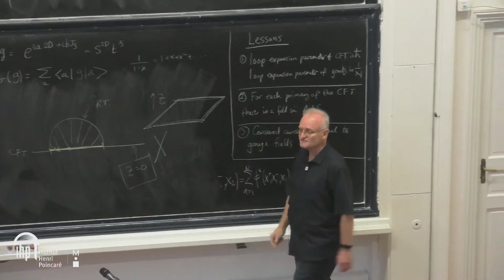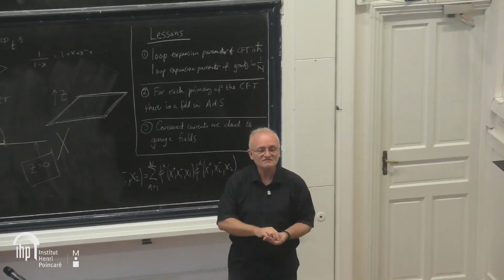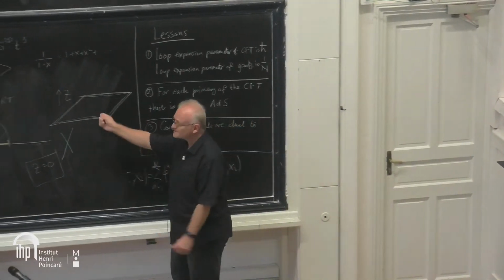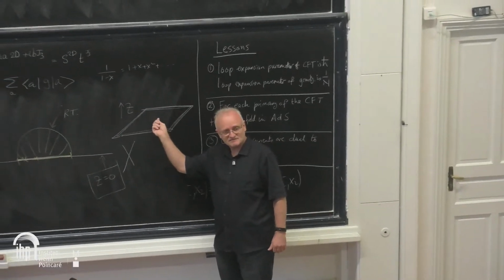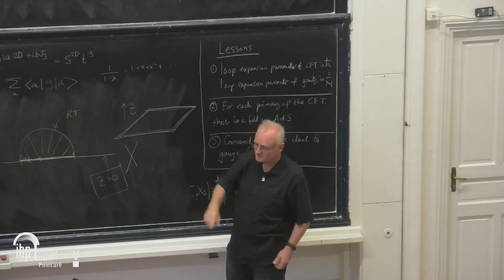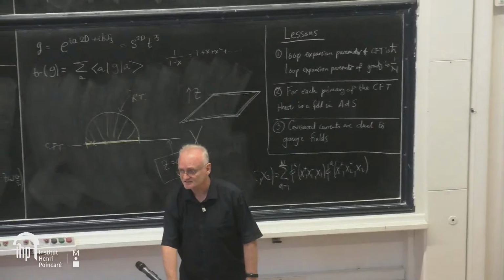So somehow, if you know what's happening on the boundary of your space-time, a tiny neighborhood of infinity, you know everything that's happening in the middle. So this is a new redundancy that was discovered in gravity. And it turns out that this bilocal holography also has exactly that redundancy.